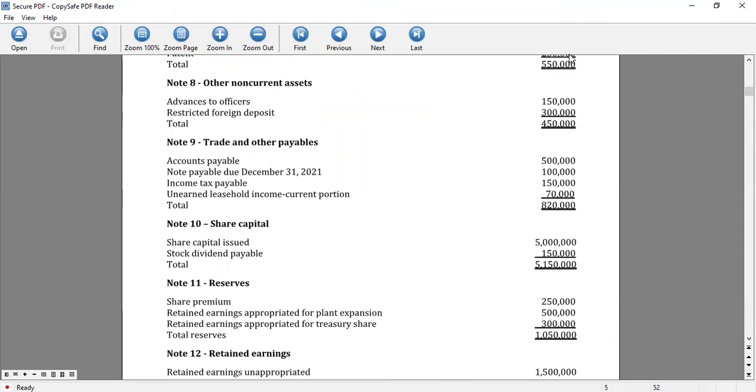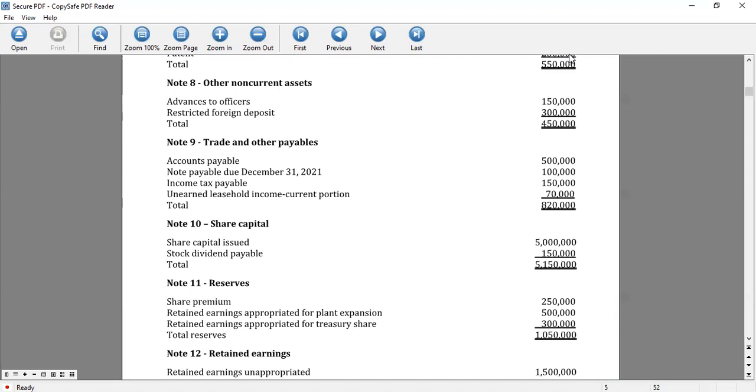Now you will notice that the Socorro Corporation share capital is included at cost of 300,000, indicating that the company reacquired its own stock, and we call it treasury stock. We define treasury stock as the corporation's own stock reacquired either through purchase or donation.